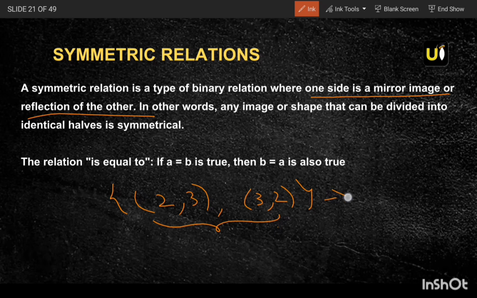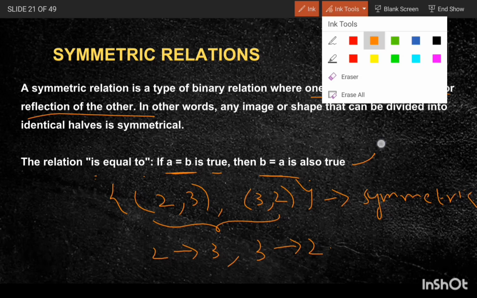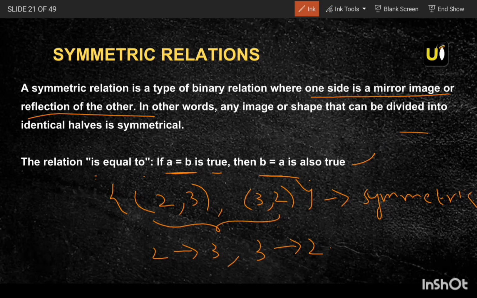If this condition is satisfied, then it is treated as a symmetric relation. That is what is given here. If A equal to B is true, then B equal to A is also true. Similarly, if 2 related to 3 is there, then 3 related to 2 must be there. That is a symmetric relation. So let's see an example.